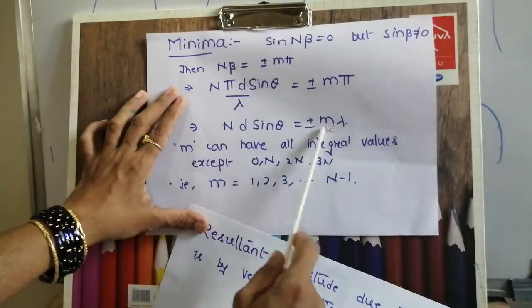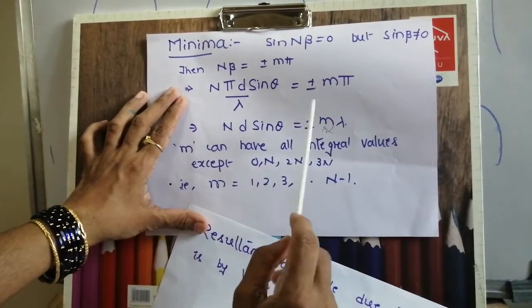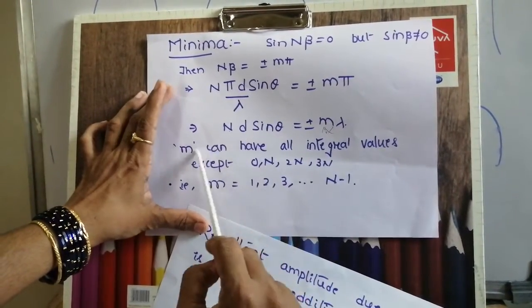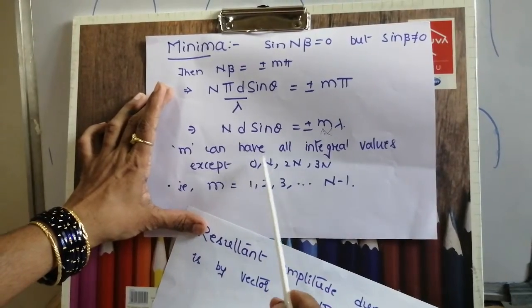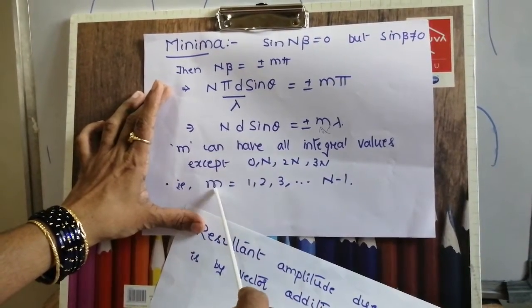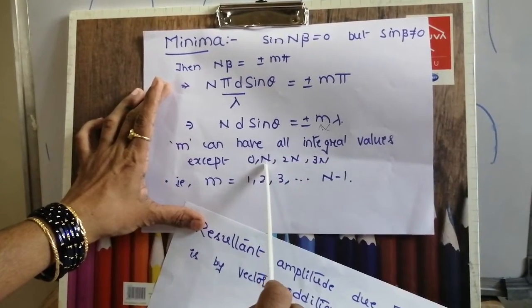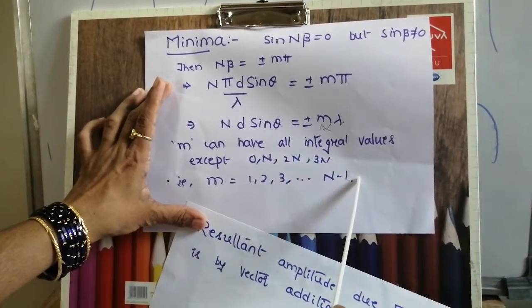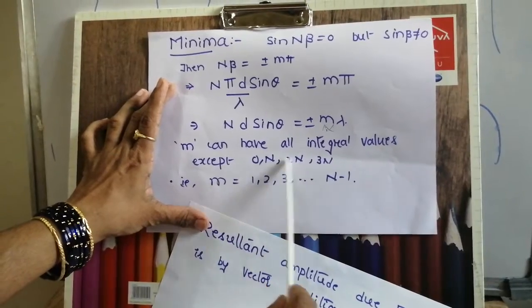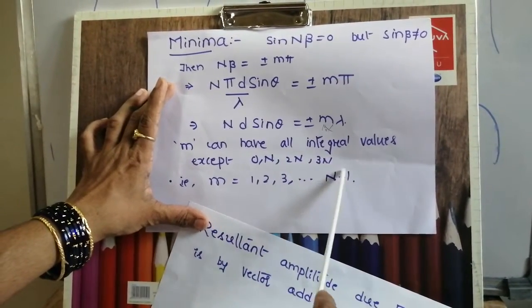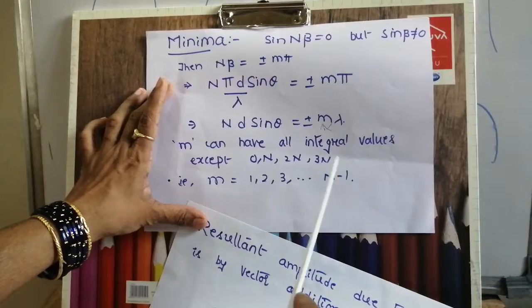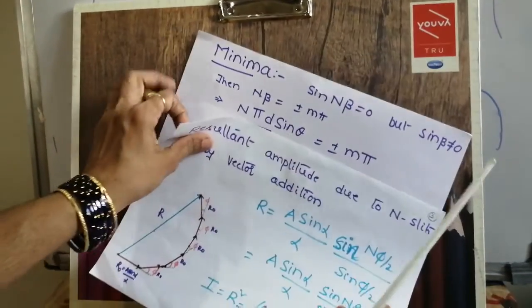But we need minima, so m should not be equal to 0, n, 2n, 3n. So m can have values 1, 2, 3, up to n minus 1, because it should not be equal to n. So there are n minus 1 minima between two principal maxima.